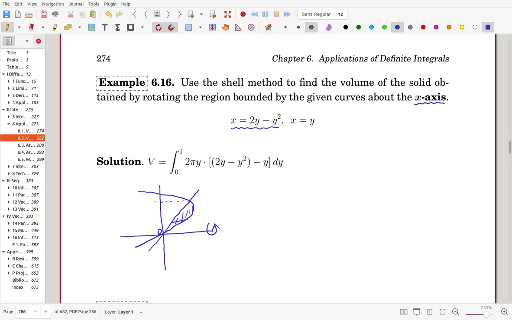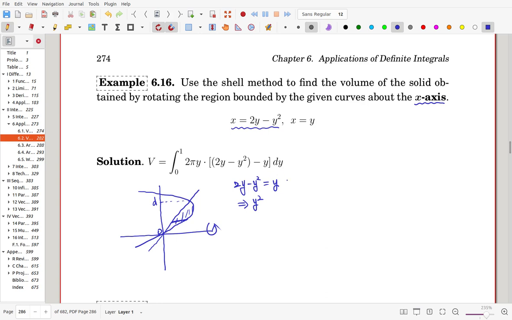Let's say this is D. So from 0 to D, and for each y, we have to make the area of the thin shell. First we find where the two curves meet: 2y minus y squared equals y, so that is the same as y squared.